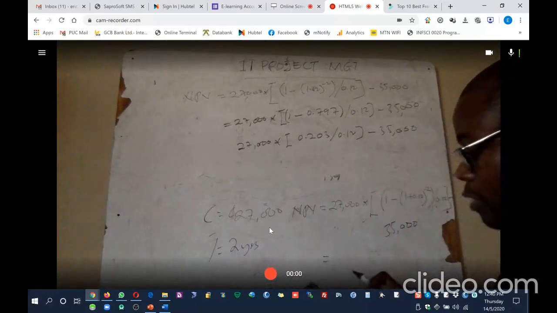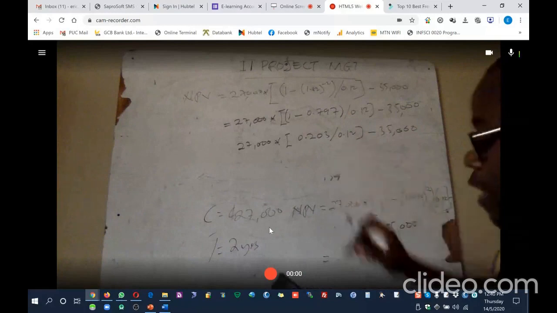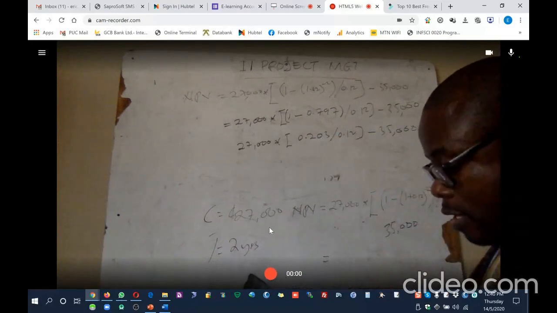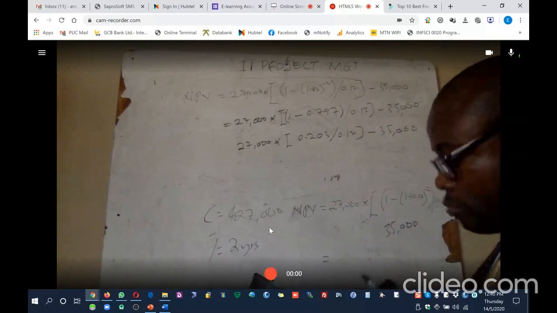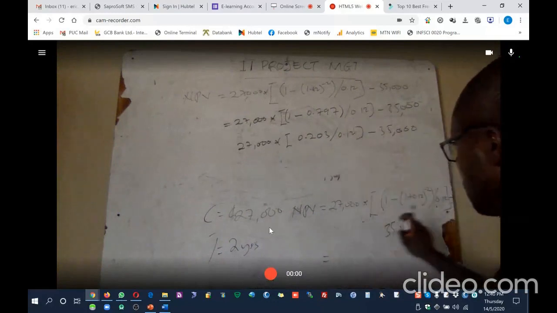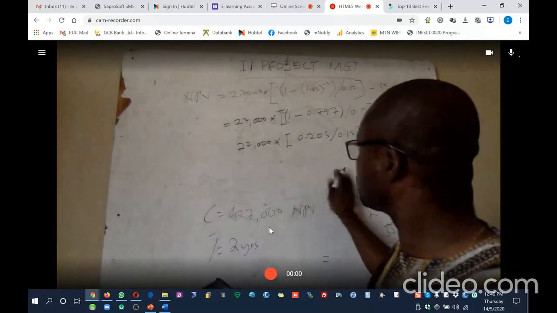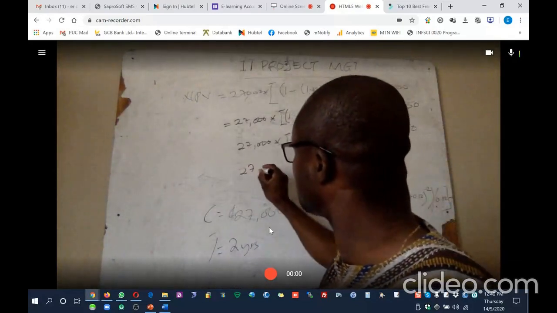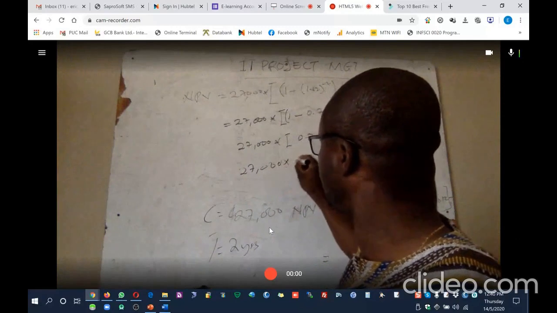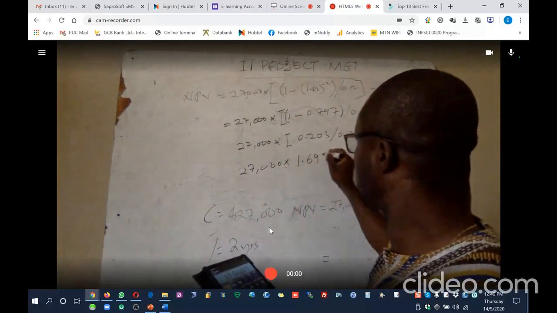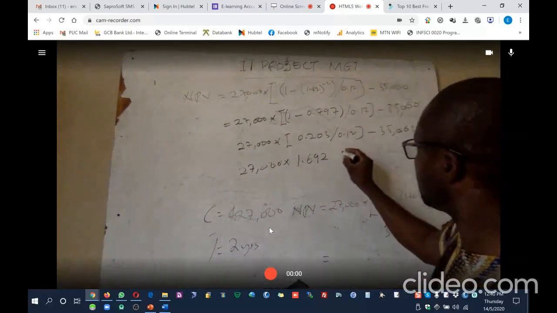Okay, so then I now divide that by 0.12, the rate, that is the R in the formula. So that gives me 1 point. So now I get 27,000 times 1.692. Let me leave it at that.